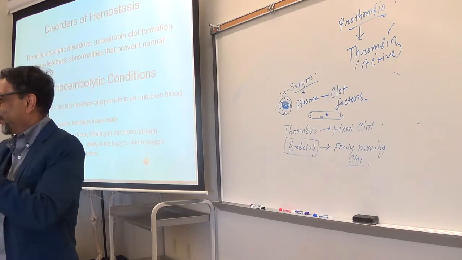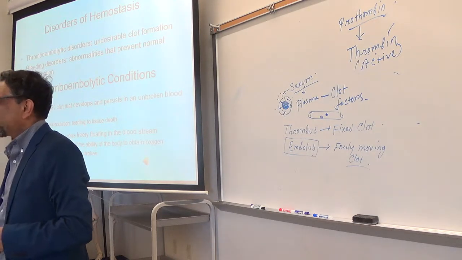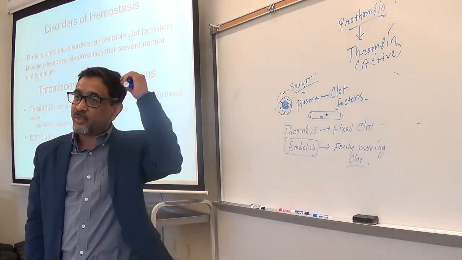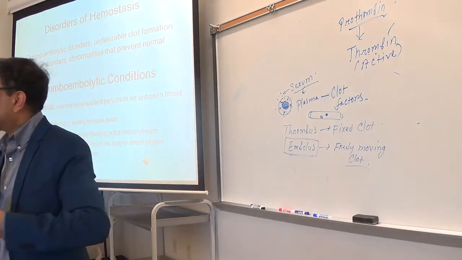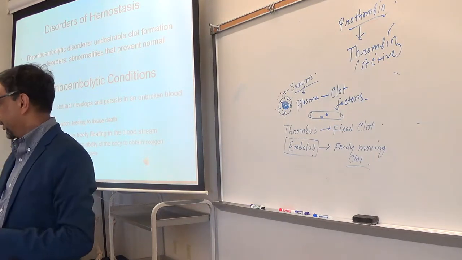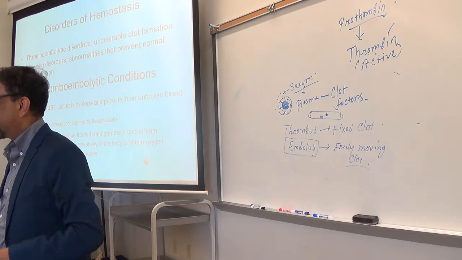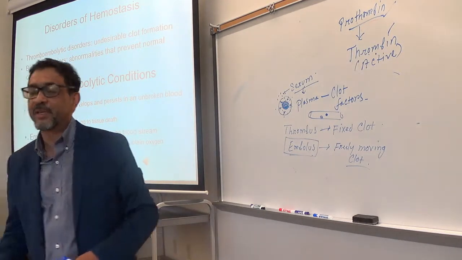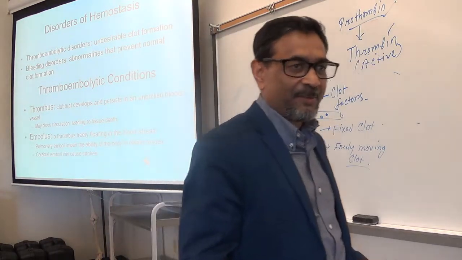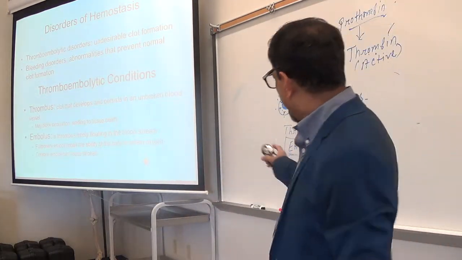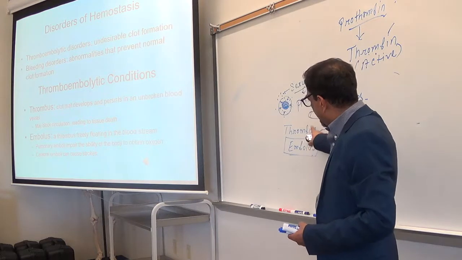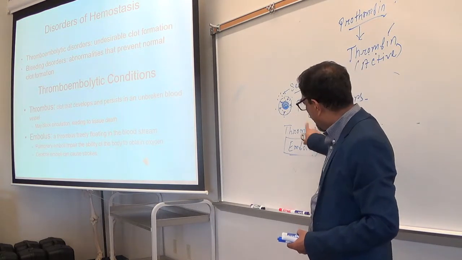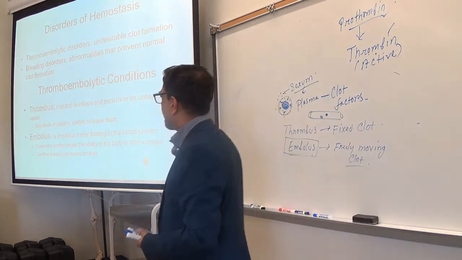Can go there and block, right? So that can kill the person, that can cause stroke or blockage of the coronary artery. Heart attack, myocardial infarction can occur. Okay, so make sense? So that is the thromboembolic disorder, thrombus or embolus formation.